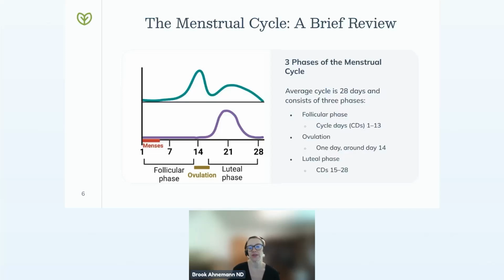We have a single day of ovulation, typically around day 14. Then we have the luteal phase following ovulation, typically cycle days 15 through 28. Again, cycles can be shorter or longer. A lot of times we'll see shorter in younger women, longer in older, but it is highly individual.